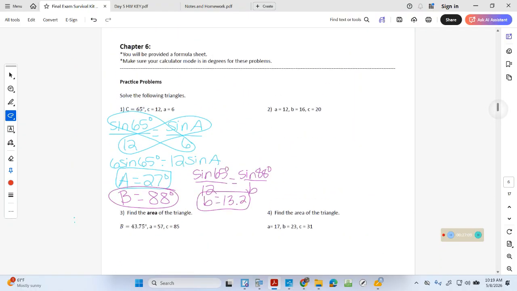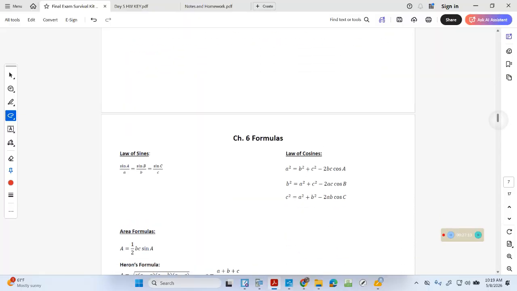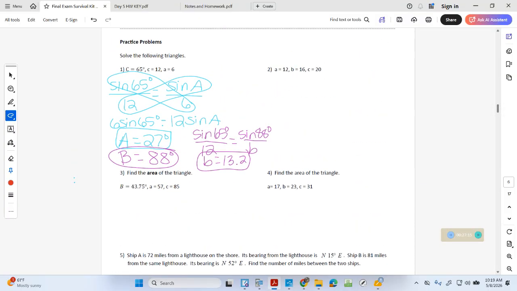So, I see my biggest side is 20, so I'm going to use this third one, the c squared equation. I just happen to know it. So I'm going to do 20 squared, I'm using the third one, a squared plus b squared minus 2ab cos of angle C. And we're going to solve for that angle C. Now, 20 squared, I know it.